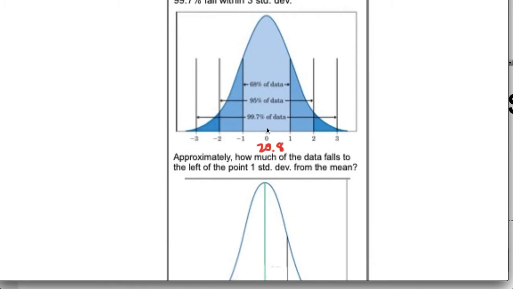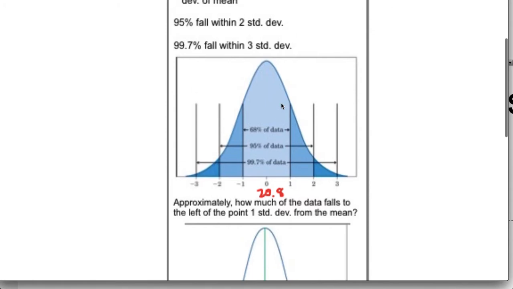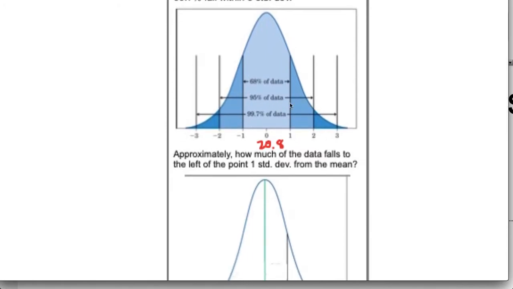So what this implies is that if I just use 1,000 people, 680 people will be within one standard deviation of this score. I didn't Google the standard deviation, so we don't know what that is, but 680 people would be within that range. 950 people would be within two standard deviations, and 997 people, so everyone but three, would be within three standard deviations.